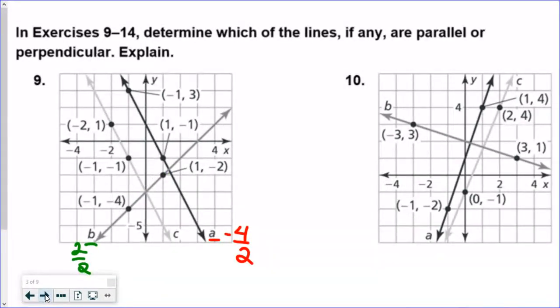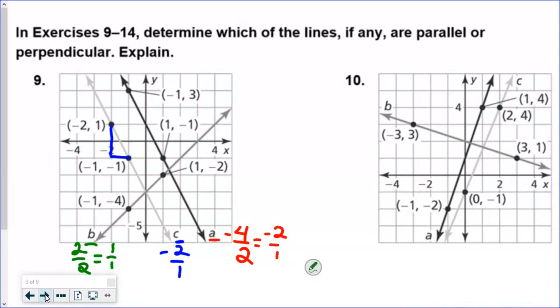And now line C is blue. Here's line C. 1, 2, 1. So that's negative 2 over 1. When I reduce, A is also negative 2 over 1. When I reduce B, it is 1 over 1.